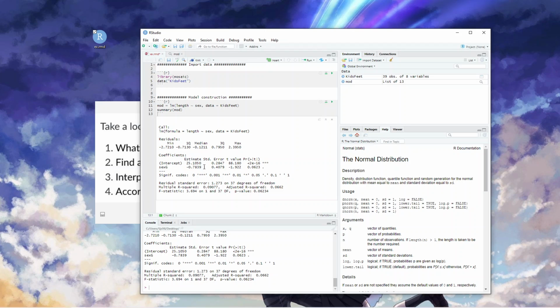The intercept is basically the beta zero in our model, which means it is the average height or length for each case if you have a zero in your x variable. So what is the x? In this case, it says sex is g. I don't know what the g means.